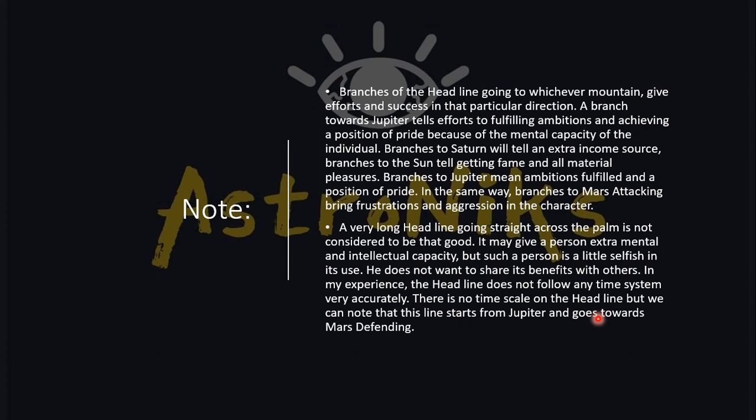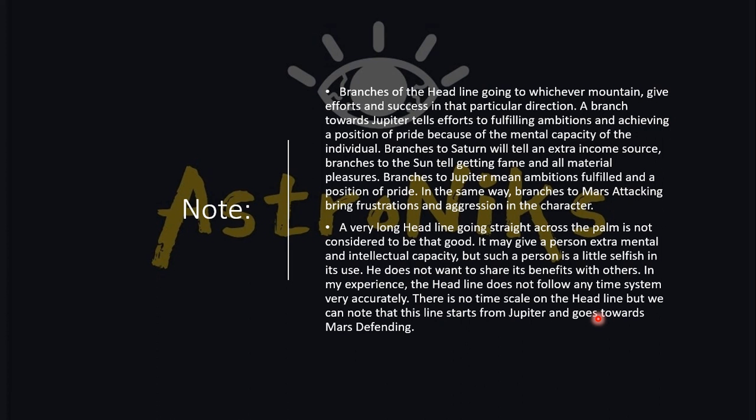A very long headline going straight across the palm is not considered to be good. It may give a person extra mental and intelligent capacity, but such a person is a little selfish in its use. It does not want to share its benefits with others.